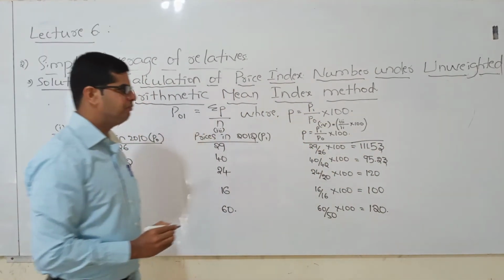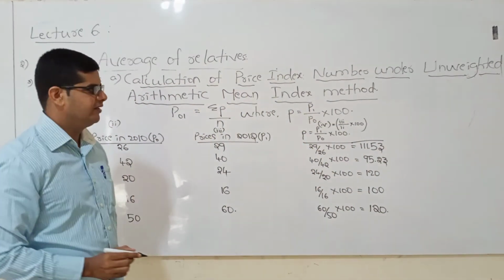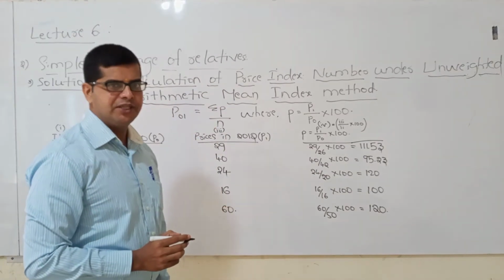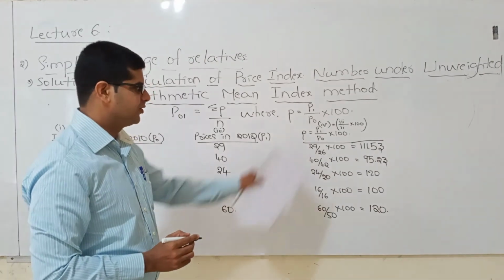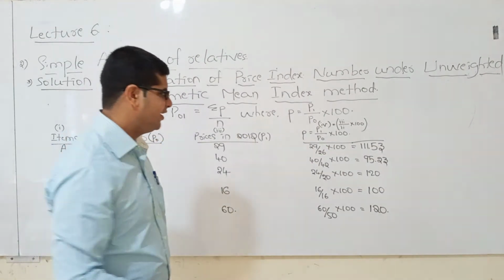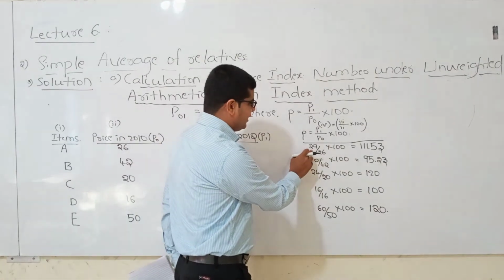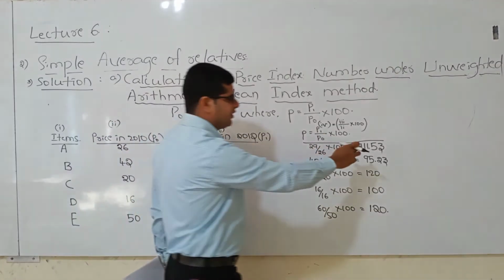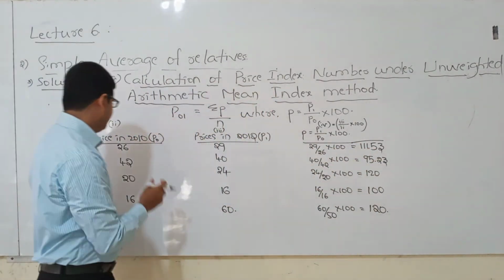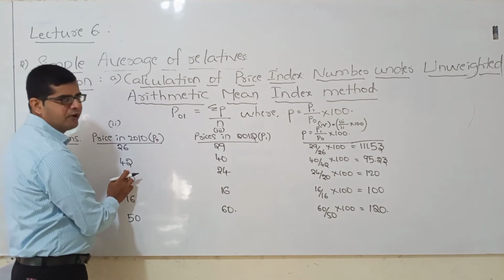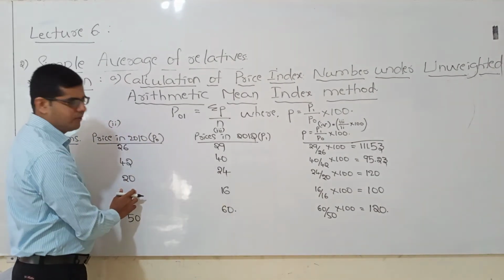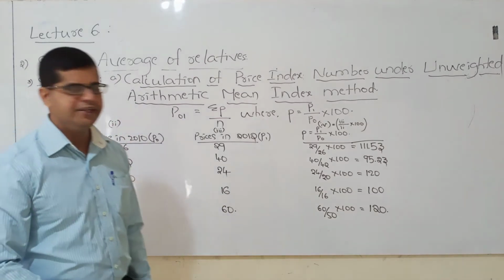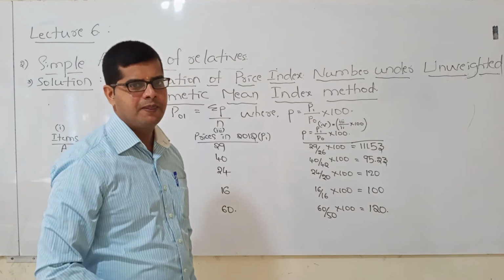P is equal to P1 divided by P0 into 100, current year price divided by base year price into 100. You can use the calculator to get these answers. 29 by 26 into 100, you are going to get 111.53. 40 divided by 42 into 100. 24 divided by 20 into 100. 16 divided by 16 into 100. 60 divided by 50 into 100. So we are getting P.